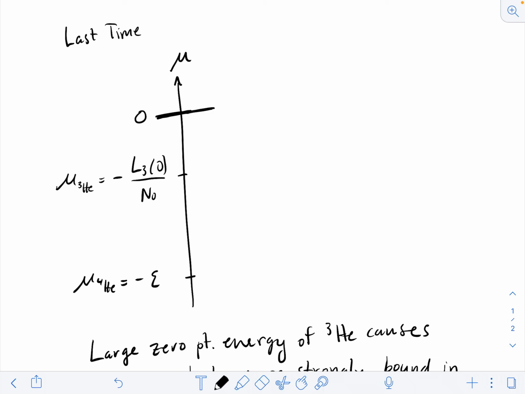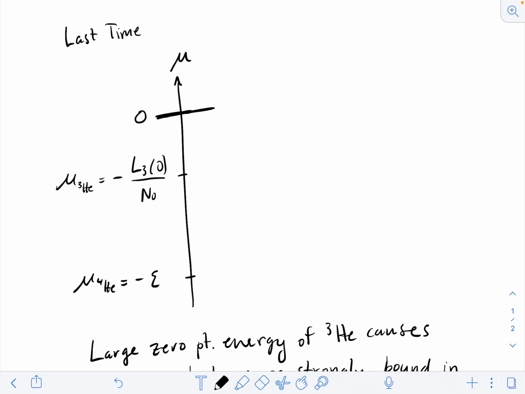What we argued was that because helium-3 has a larger zero-point energy, those atoms have more kinetic energy, they're moving around more, and so they occupy more space. So that means if you add one helium-3 atom to liquid helium-3, the average distance between neighboring atoms becomes relatively large, and therefore the van der Waals force between adjacent particles becomes weak.